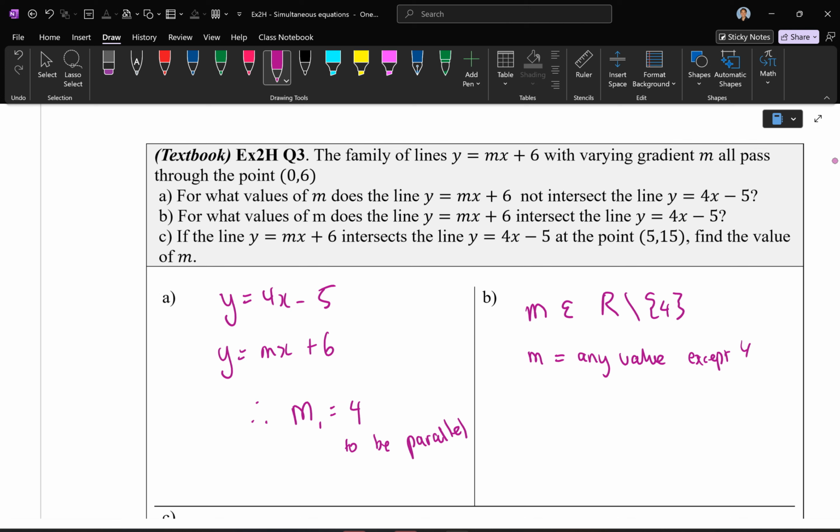And your last one: if the line y equals mx plus 6, which is the same line, and y equals 4x minus 5 intersect at the point (5, 15), find the value of m. That goes back to exercise 2F.